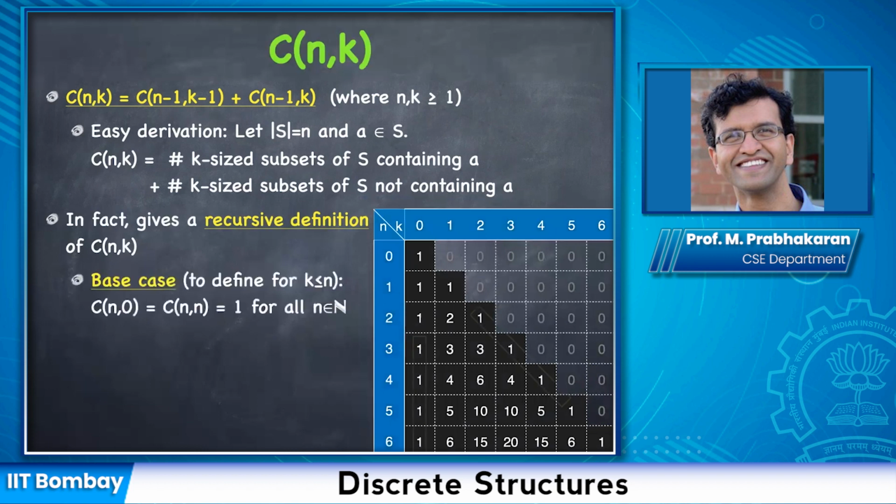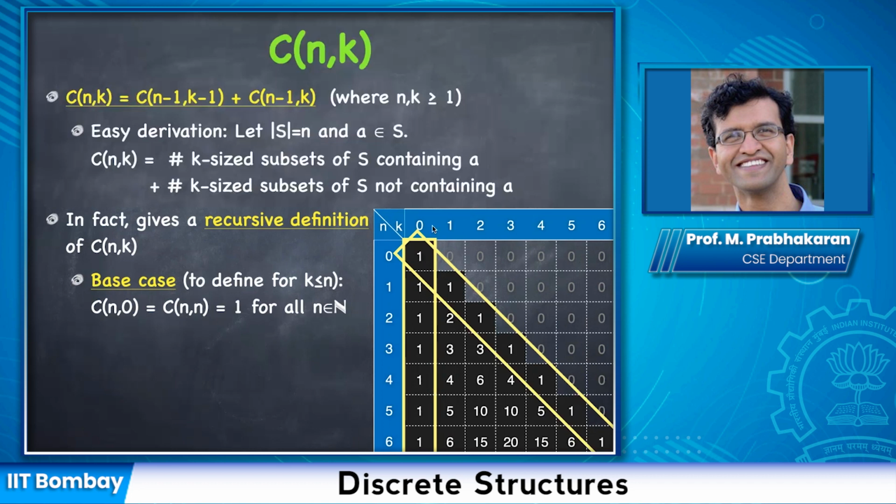And in particular, you need some base cases. So here's my table of all values of C(n,k). And the base cases I've chosen are these two, C(n,0) and C(n,n). The number of empty subsets and the number of full subsets. In all cases, it is 1.